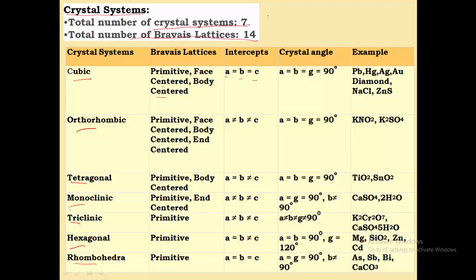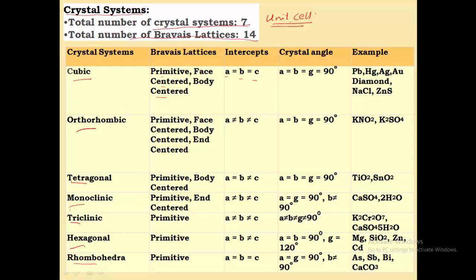Here you must know the meaning of one term, that is unit cell. Unit cell is the smallest portion of the crystal lattice, and it gives the definite geometry of a particular crystal system. The shape of the unit cell represents the shape or geometry of the crystal system.